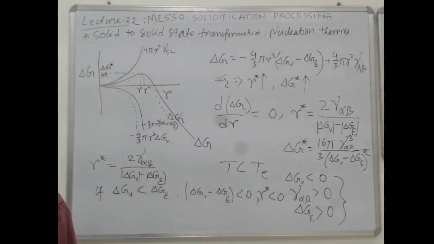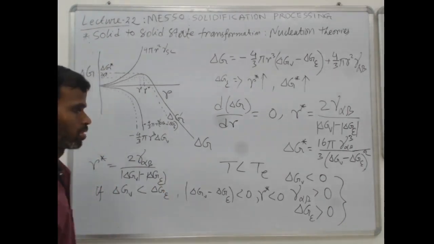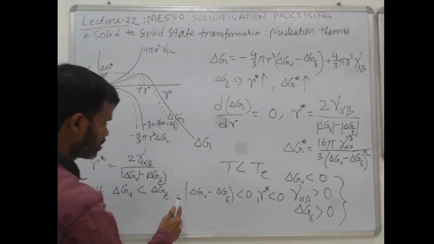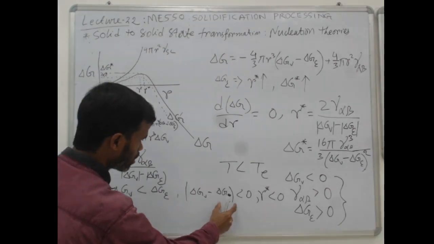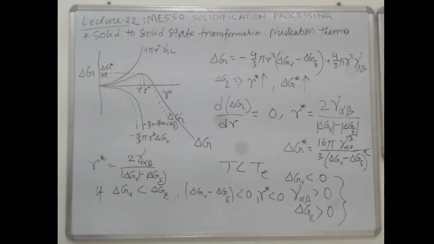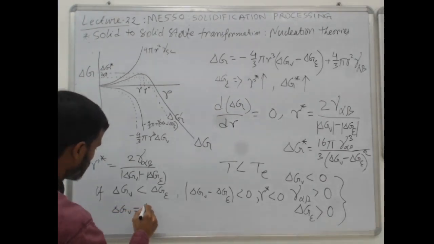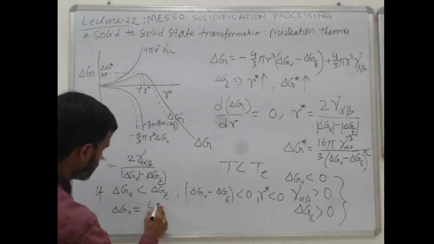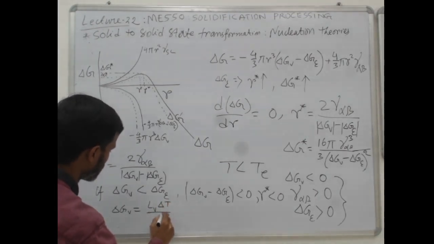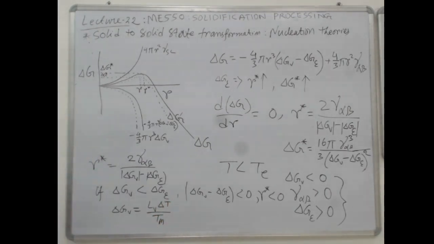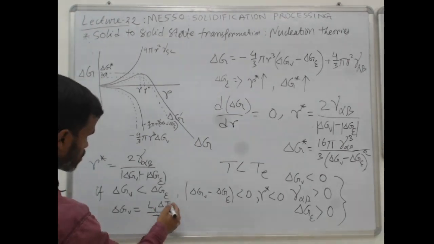But is it practically possible to have a situation where delta GV will be less than delta GE? If you see the equation, delta GV is given as LV delta T by Tm. This is how we have defined this delta GV term. We need to consider the sign properly, whether positive or negative.